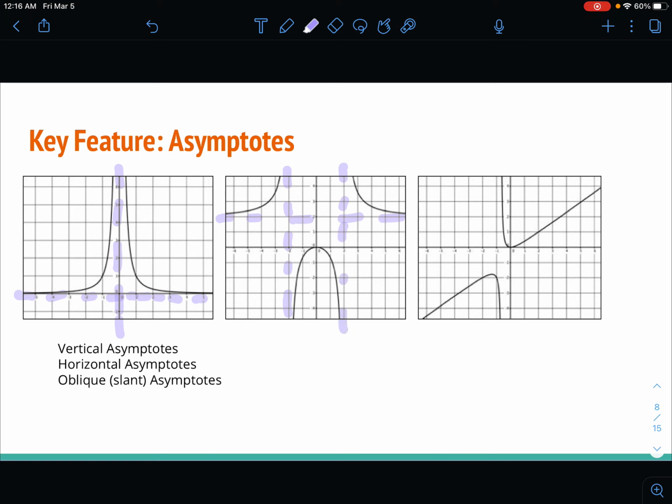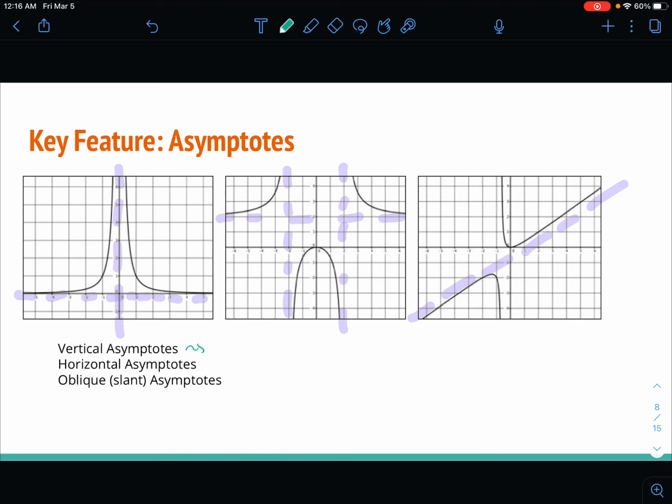You're going to see this, where we see some branches and things happening here. And then for this next one, this is what we call a slant or oblique asymptote. We're not going to have to really worry about this too much in this unit, but just to know that that is an asymptote that you might see at some point.